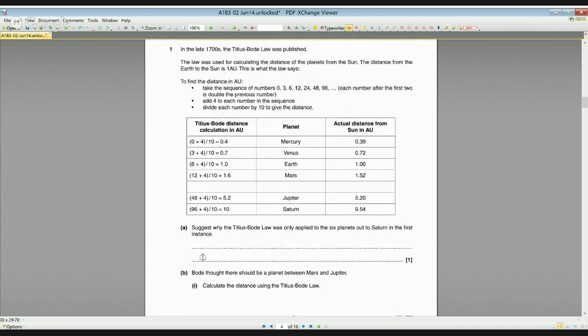And question A, why did it only apply to the 6 planets out to Saturn? Well, the reason for that is the other planets hadn't yet been discovered. So only these 6 planets had been discovered at this point.